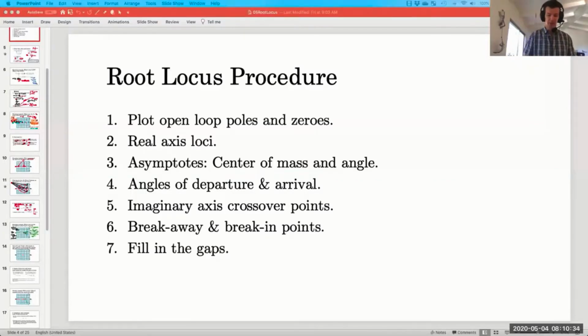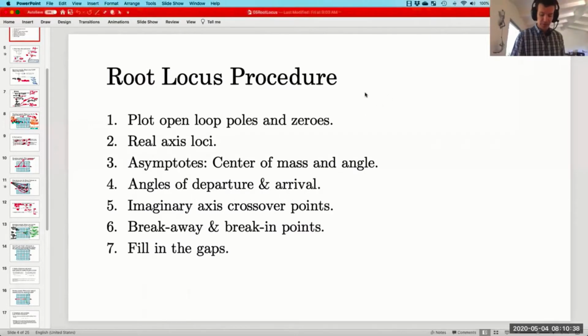We are in the midst of learning about how to draw root locus diagrams. We have had 1.5 classes so far, but let's go ahead and make a quick review of what we've covered.